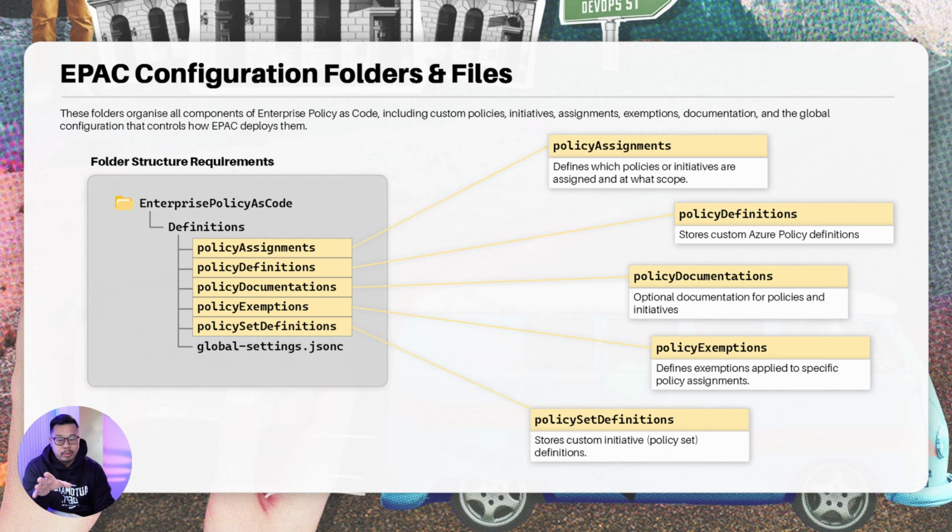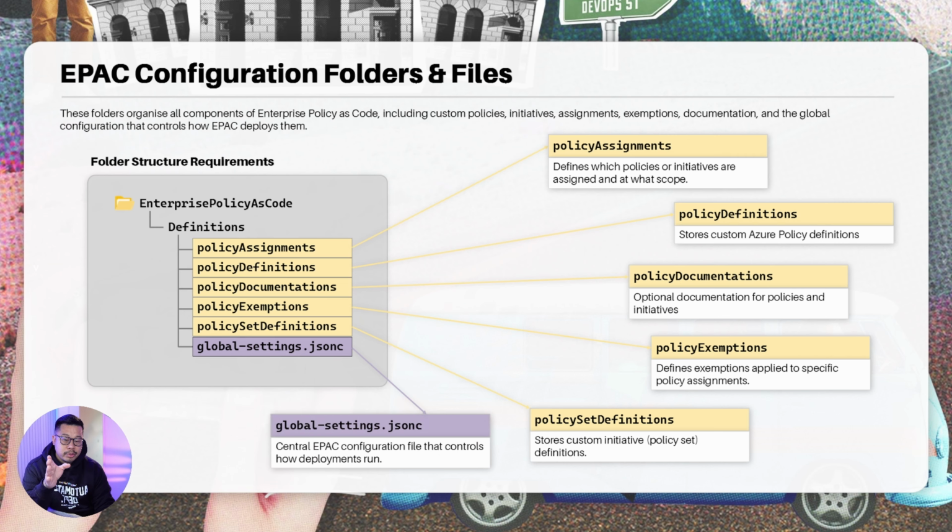Next up is the policy set definitions, which is also known as the initiative. This is where your policy sets and initiatives are stored. And then the core file that drives everything is the global-settings.jsonc file. A JSONC file is just a JSON file that supports comments. This is the central EPAC configuration file that controls how deployments run.